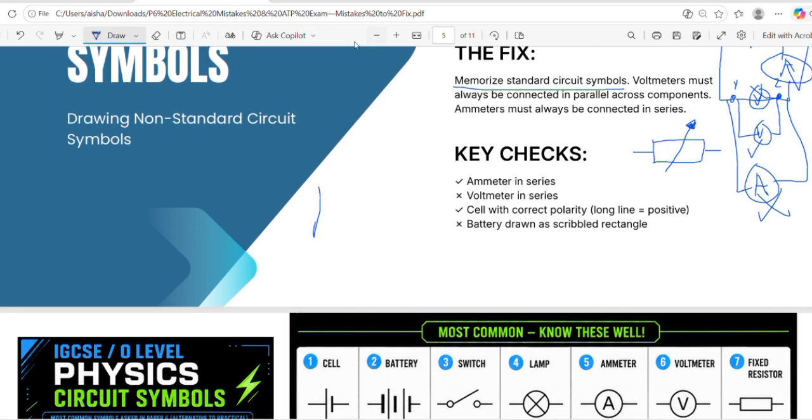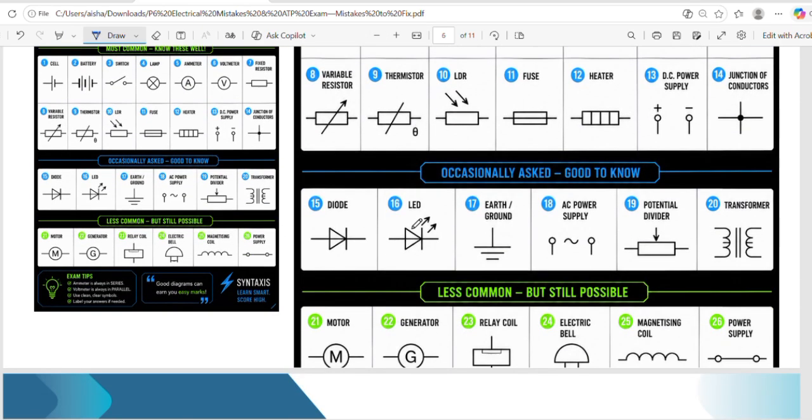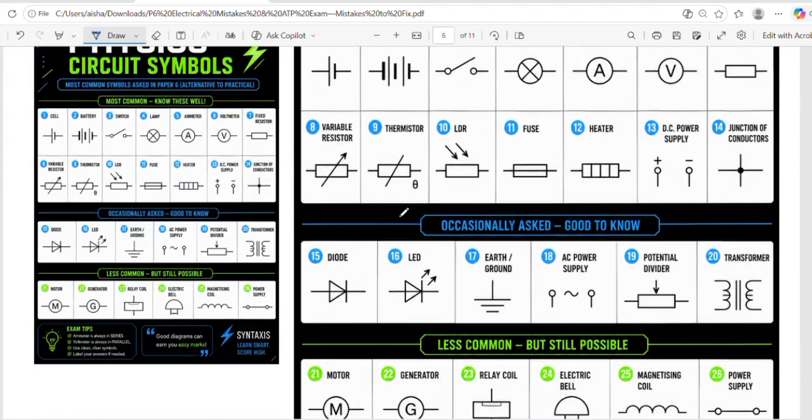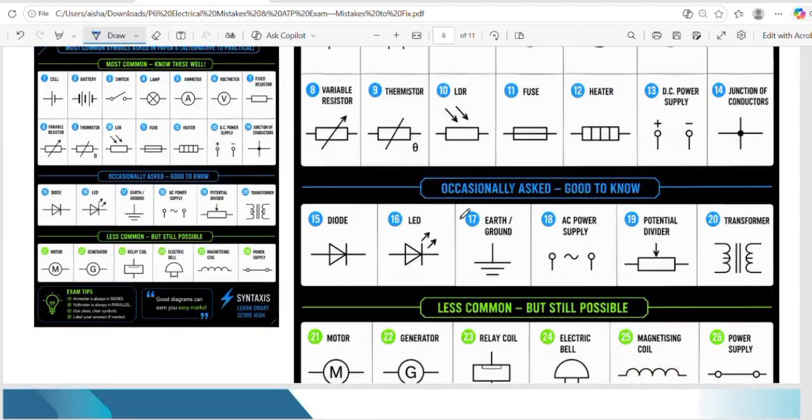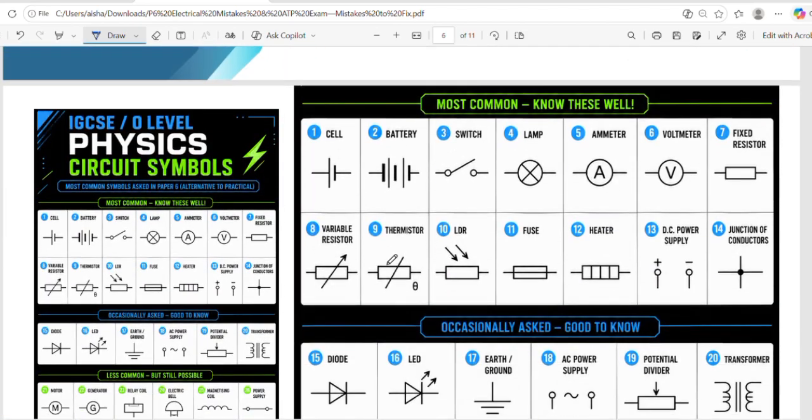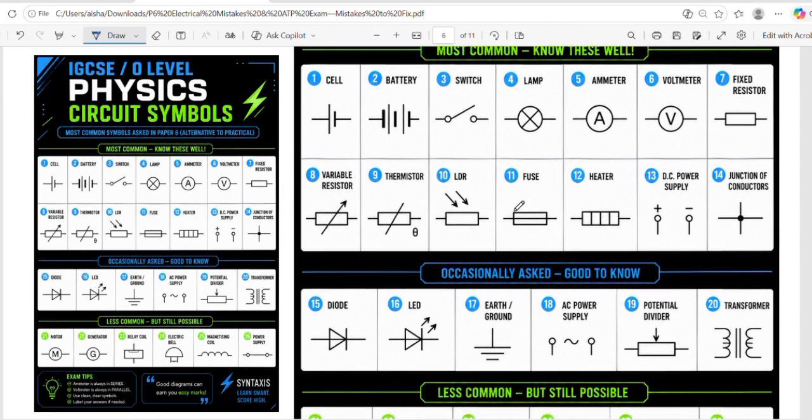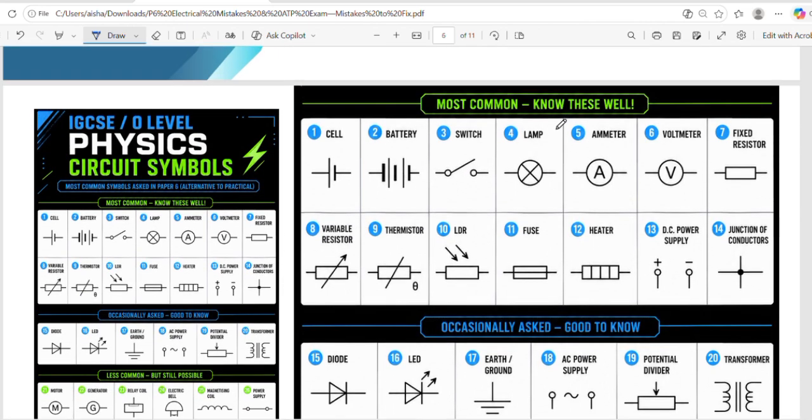So I made a list of actually all the possible circuit symbols that they could ask you in ATP in paper 6. Mostly they ask you about voltmeter, ammeter, fixed resistor, variable resistor, thermistor.